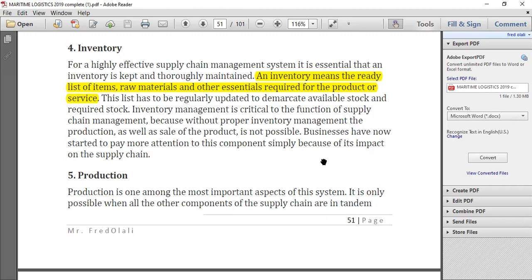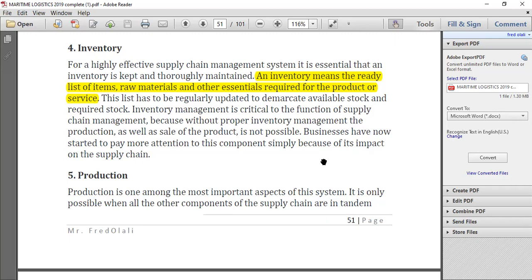You need to keep on updating the record as to what was brought in and what was taken out, so that you keep on balancing your inventory books or records. So inventory management is critical to the function of supply chain management because without proper inventory management, the production as well as the sale of the product is not possible.